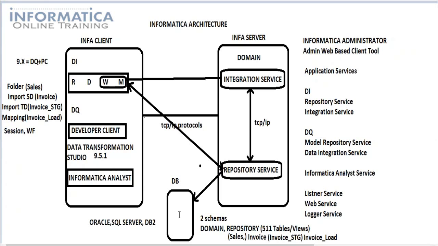First it gets the information of that workflow, and then it performs the data integration from source to the target. So the integration service is like an ETL engine that performs the ETL process.